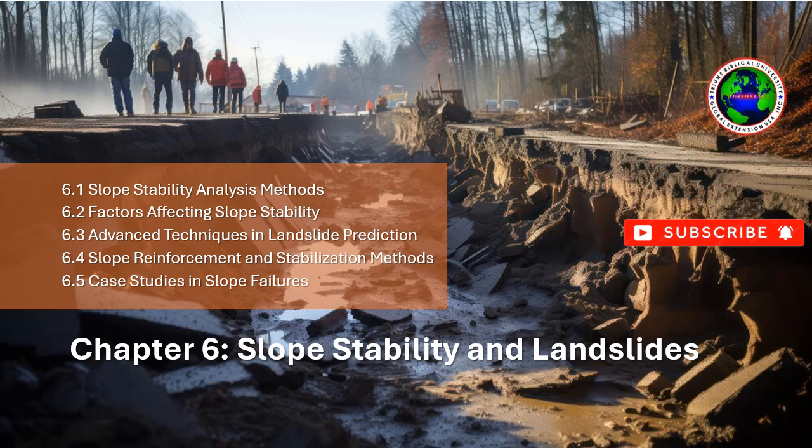Extreme temperature changes can cause soil swelling or shrinkage, especially in expansive clays, leading to instability in slopes. The differential movement of soils with varying moisture content can further exacerbate the risk of failure.